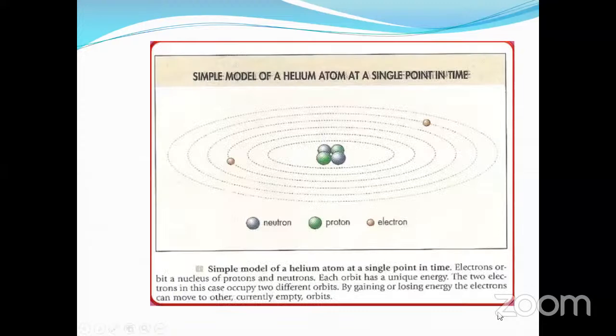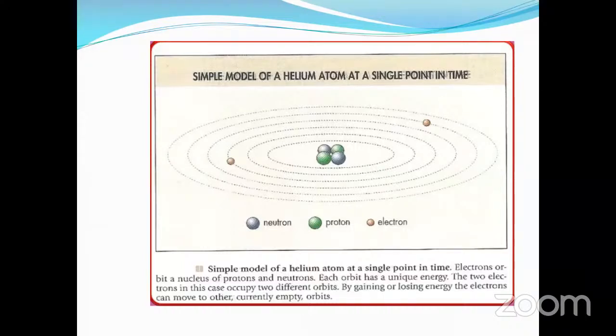So this is a model of a helium atom. You can see the nucleus with 2 neutrons and 2 protons, and 2 electrons, which are supposed to be in the first layer. But here you can see that they've absorbed energy and gone to the second, third or fourth layer. So the 2 electrons can occupy different orbits.